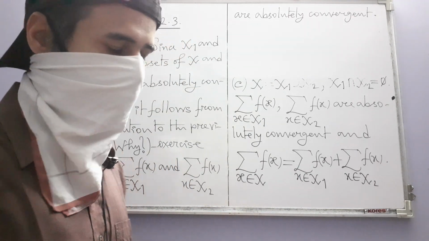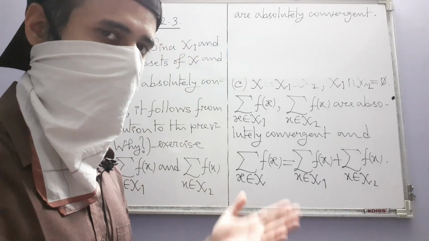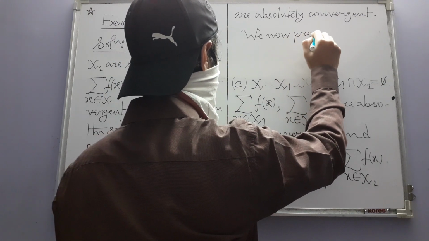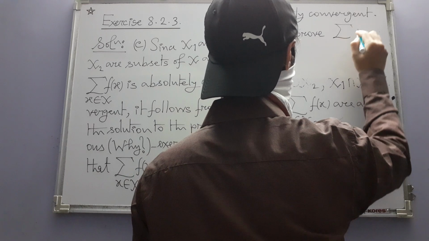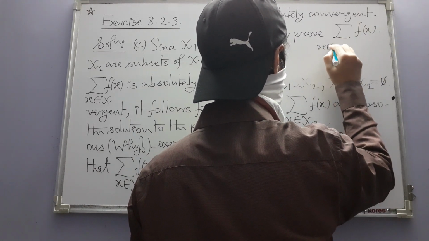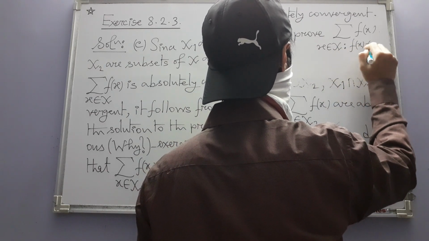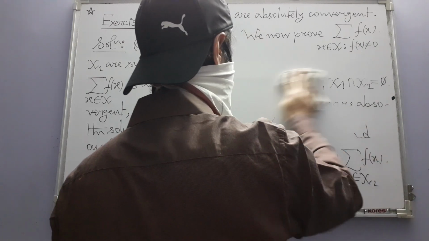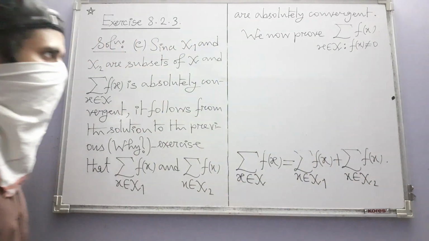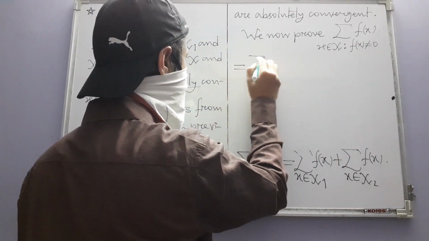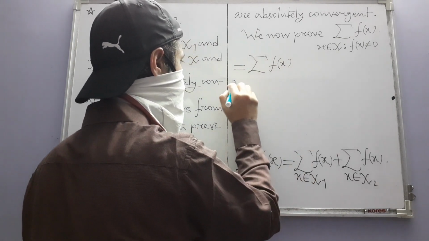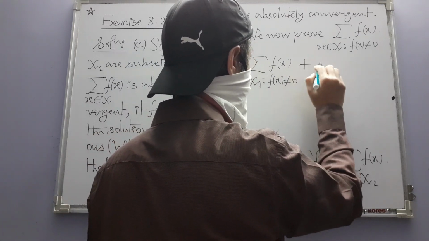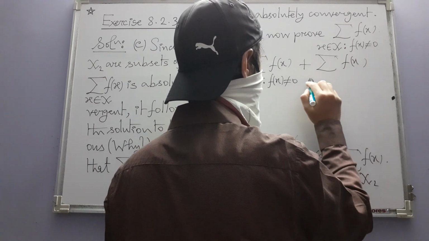But because they are all absolutely convergent, showing this amounts to showing this: the sum over X1 and that other sum over the set X2.